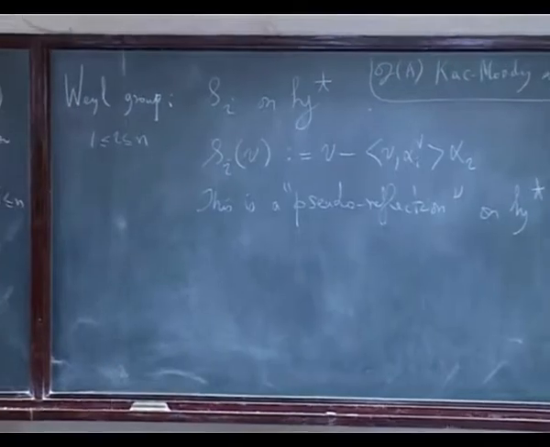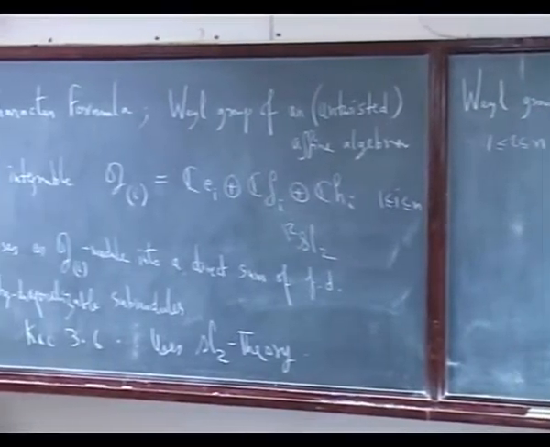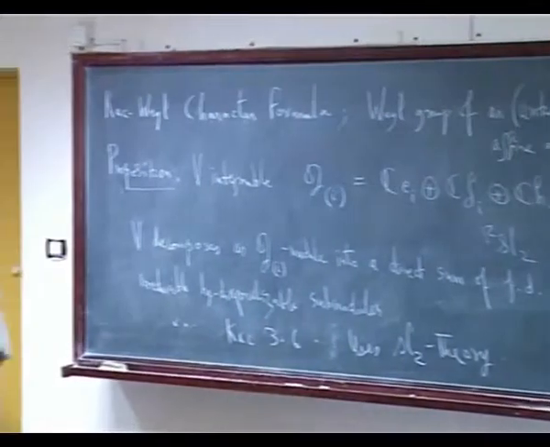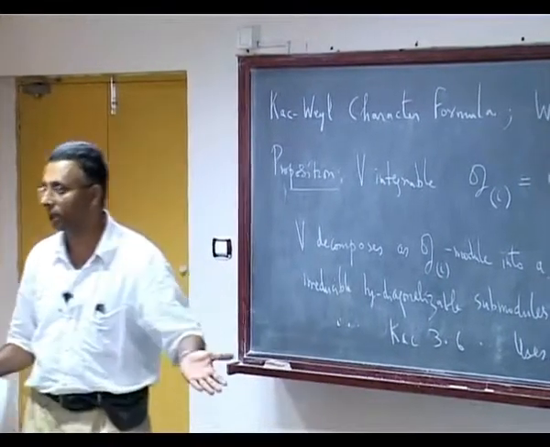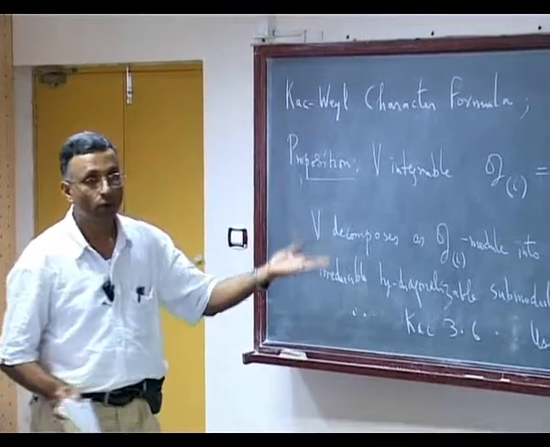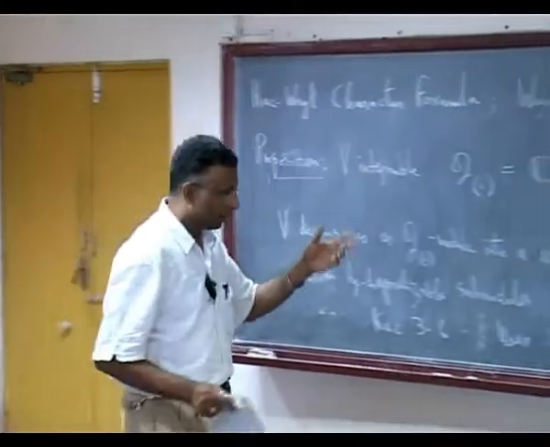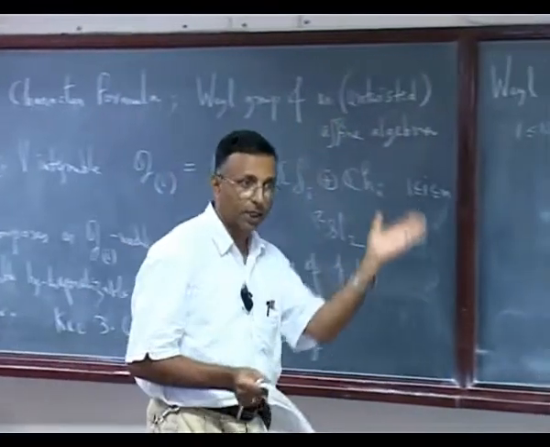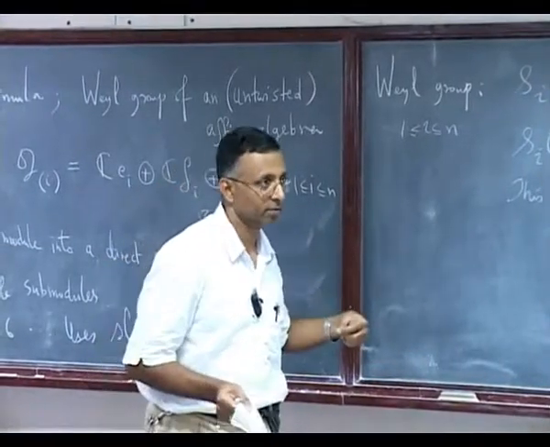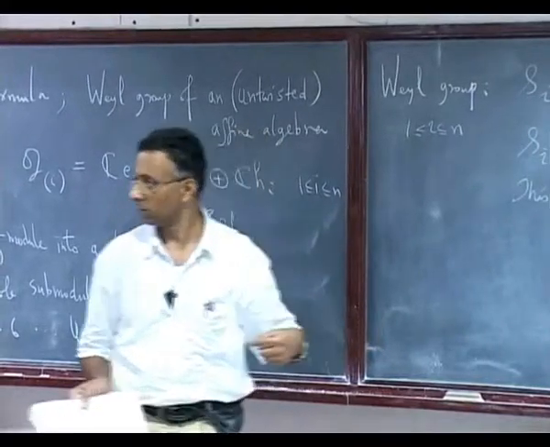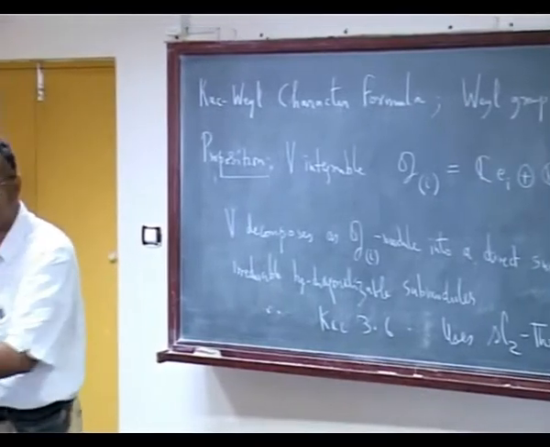So why do I call that a pseudo reflection? Normally when you say reflection, you are assuming that you have an inner product space and you are reflecting along the orthogonal hyperplane. Here it's called a pseudo reflection because it leaves a hyperplane fixed and it sends one element to its negative. So it has eigenvalues 1, 1, 1, 1, 1 and minus 1.